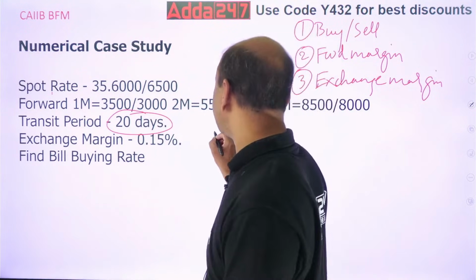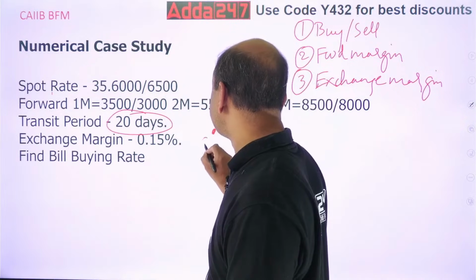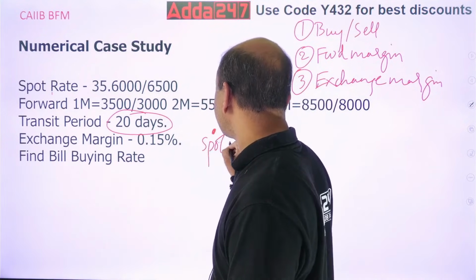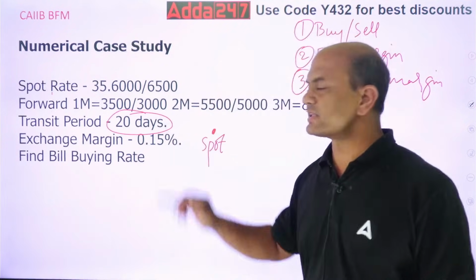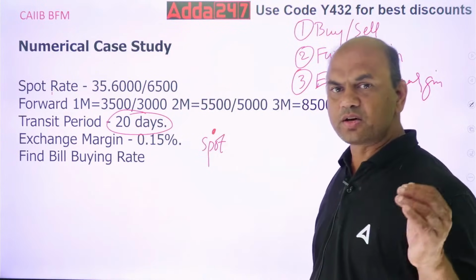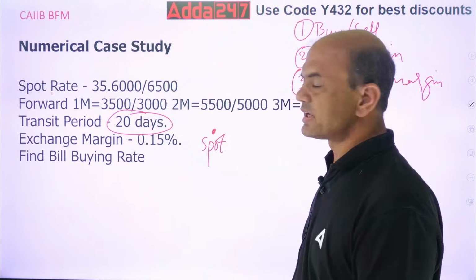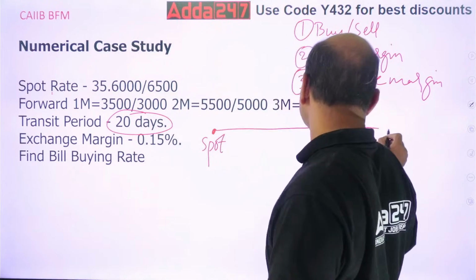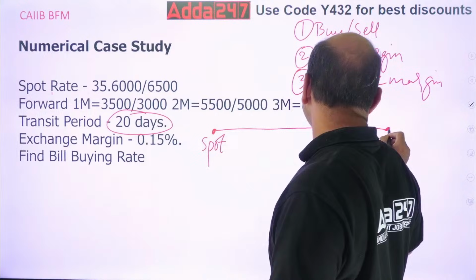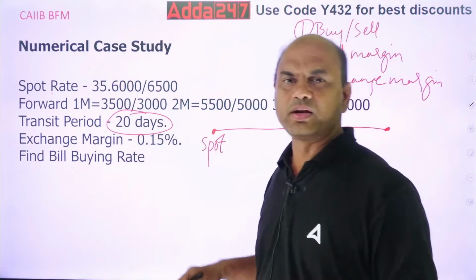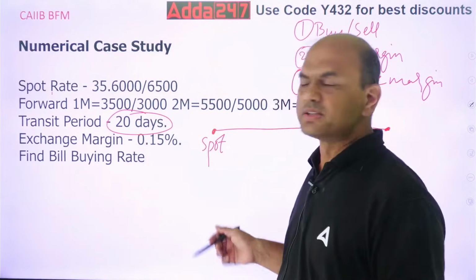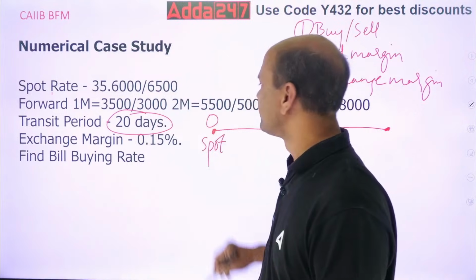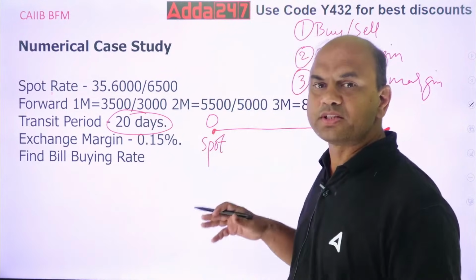So now, let's look at this. This is spot. Spot means today. Transit period is given as 20 days. So when I send the documents, it is taking 20 days. Now, this 20 days will lie between what? Spot means 0, and 20 will lie between 0 and 30.